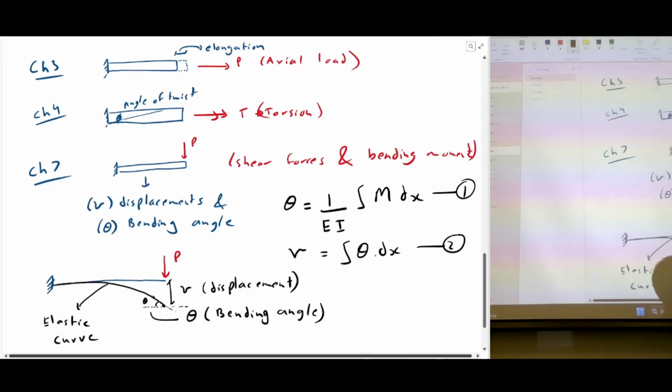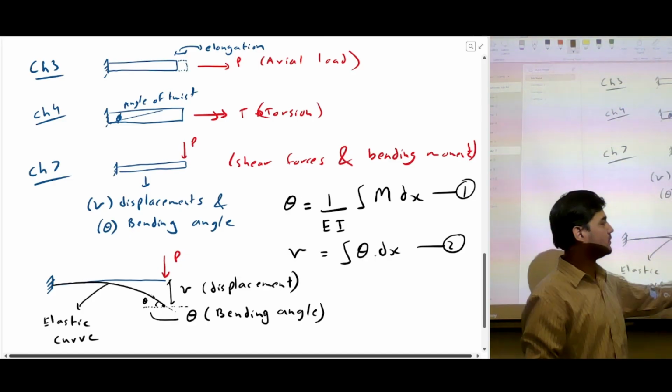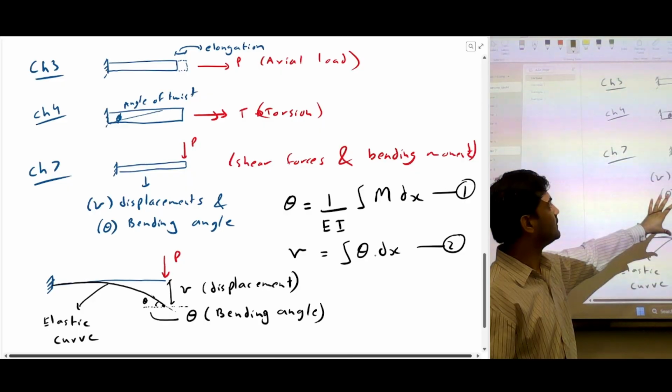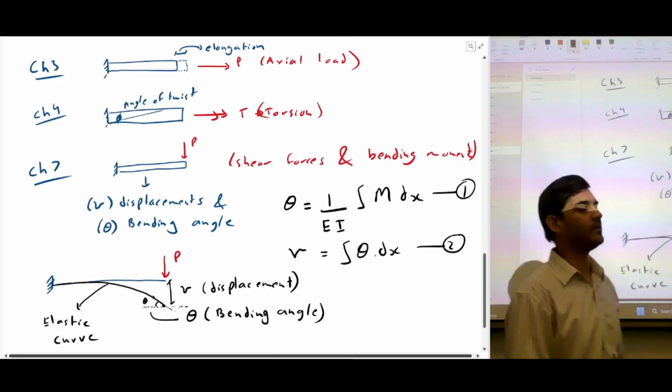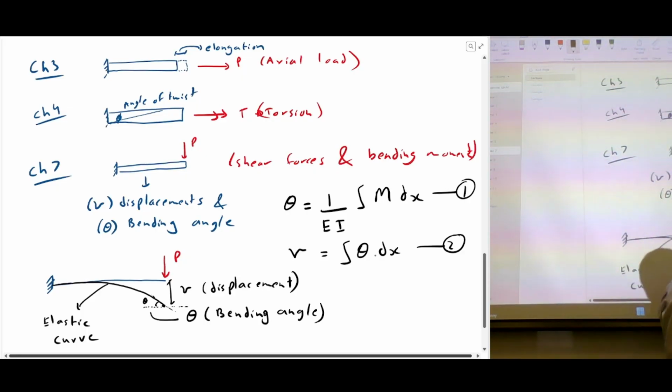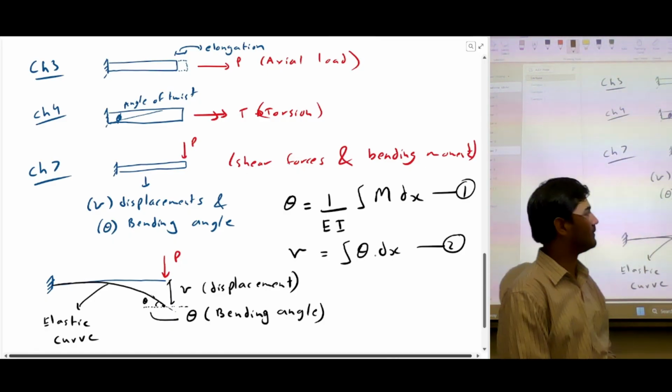So if you know these two equations, you can calculate the deformations in the case where you have shear forces and bending moments. These equations are not that complicated. What this is saying is, once you have the internal bending moment, you can integrate the bending moment along the x and divide it by EI, you will get the bending angle.